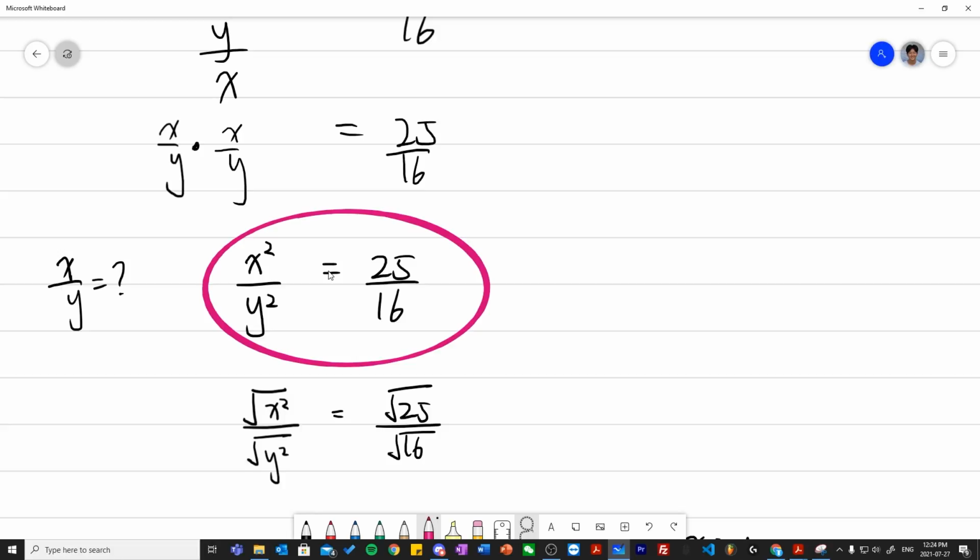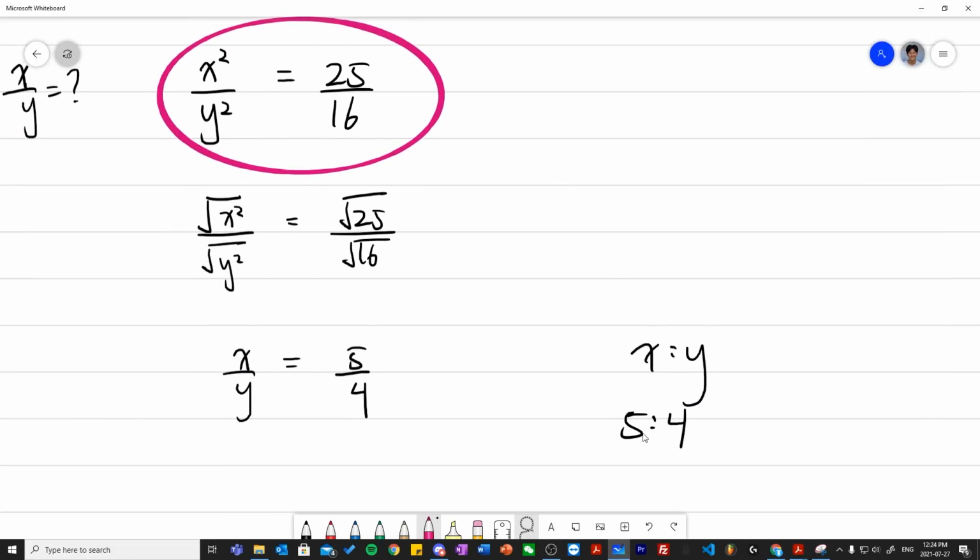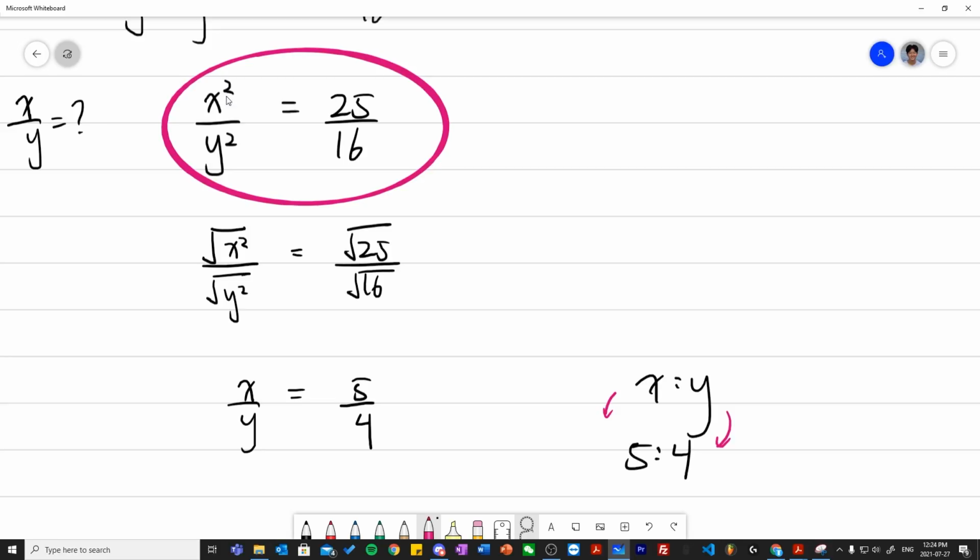And currently we have x equal to 5 and y equal to 4. If I plug that in, 5 squared equals 25, perfect. 4 squared equals 16, which brings together 25 over 16, which is perfect. But is there any other value that could also bring us 25 over 16?